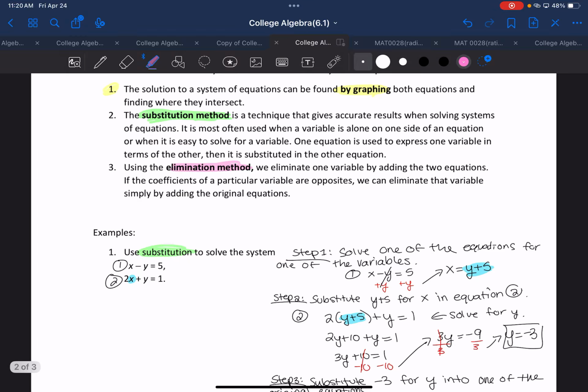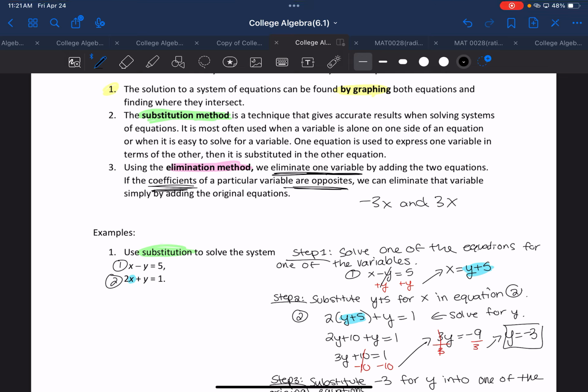Okay, so the elimination method, again, like I said, is sometimes called the addition method. So this is where we add the two equations together in order to eliminate one of the variables. But this will only happen if the coefficients are opposites of each other. Like, for example, negative 3x and 3x are opposites. So if I add those two together, it'd be 0.